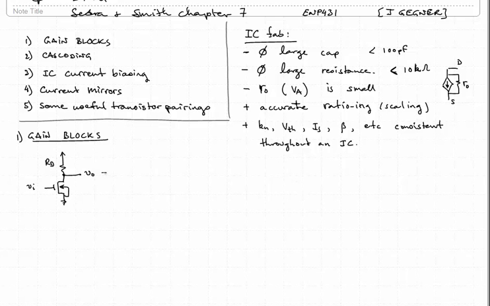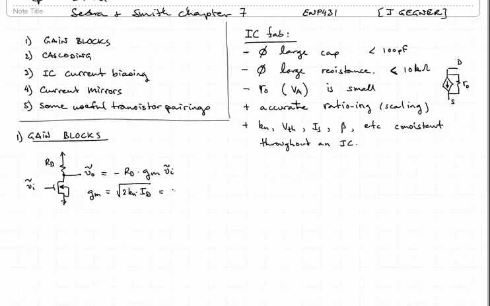Here we can say that, if we do small signal and put the small signal symbols there, the output VO is minus RD times gm times VI. And what is gm? gm can be written in several ways. First, it can be expressed in terms of the operating drain current: 2 times Kn times ID, the operating current.